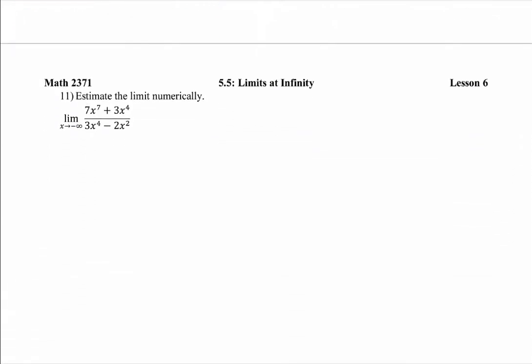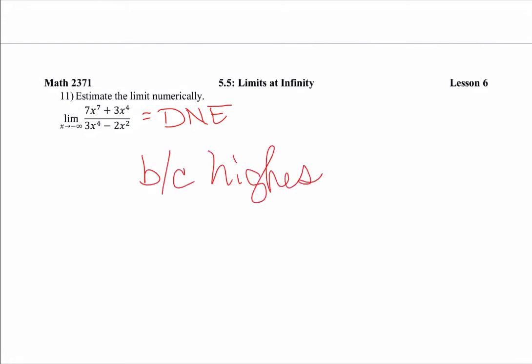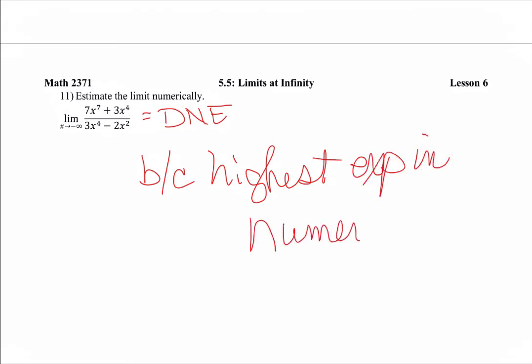Now, for this one, the highest exponent is in the numerator, so the higher the power, the faster it goes to infinity. So this would be d and e, because the highest exponent is in the numerator. And you're done.